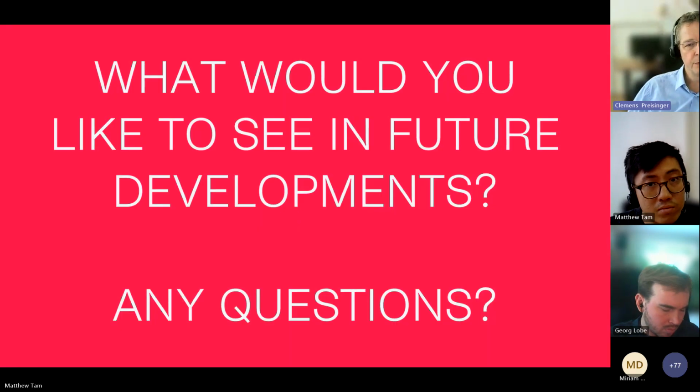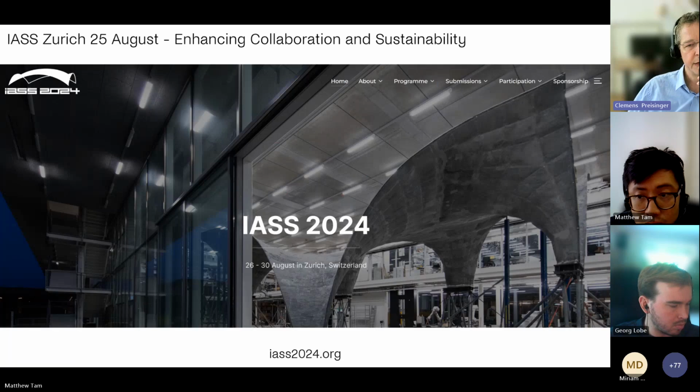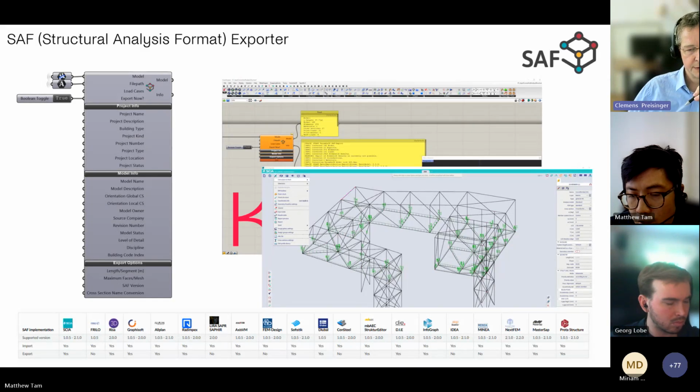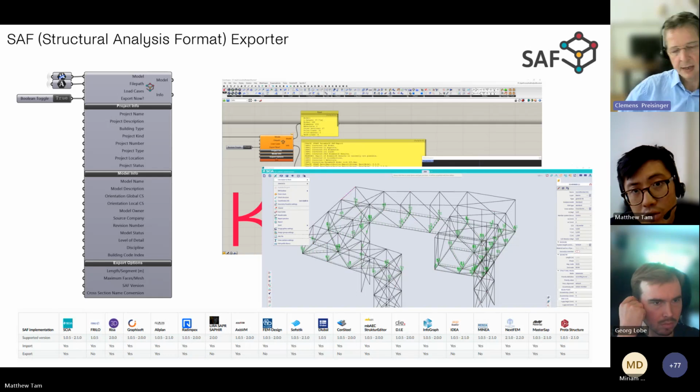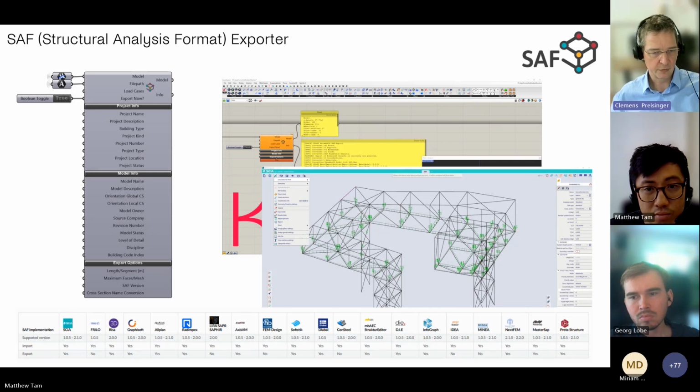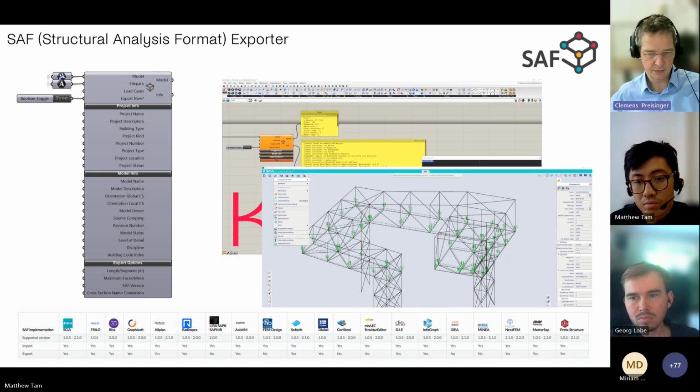Matthew, do you happen to know where the link is to this? Because they have a special website where they list all the... Here it is. The degree of how much of the SAF language those packages understand and support is different. Of course, SCIA is probably at the moment the best to import and export SAF, but we have tested it with Glulam and it also works quite fine.